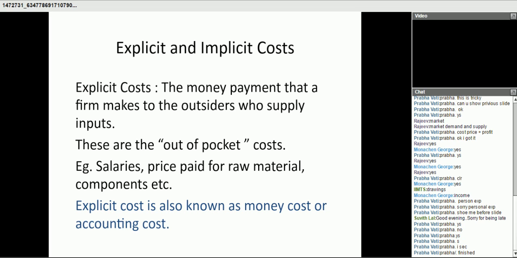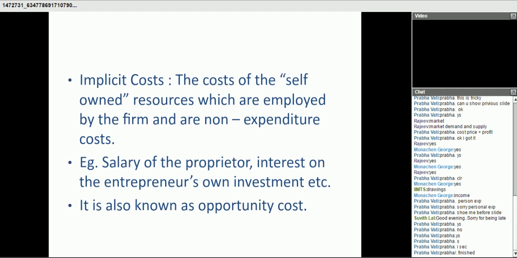Then next is implicit cost. Implicit costs are those which are not paid in terms of money, yet such costs are incurred and they have to be borne by the business. The best example of implicit cost is depreciation on the machinery. You understand the meaning of depreciation?